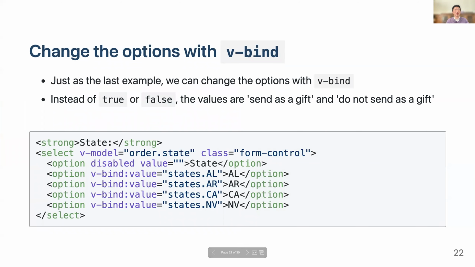So what you do is you v-bind the value, and say state.al. This states should be a property in your object in your Vue, which would have a property called al, which has a text string.